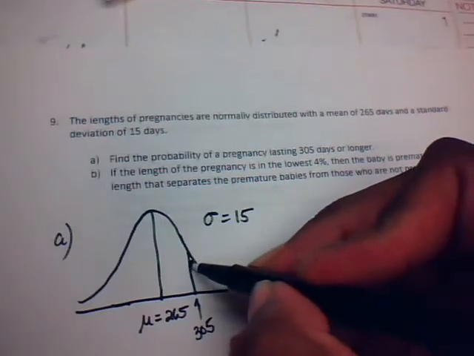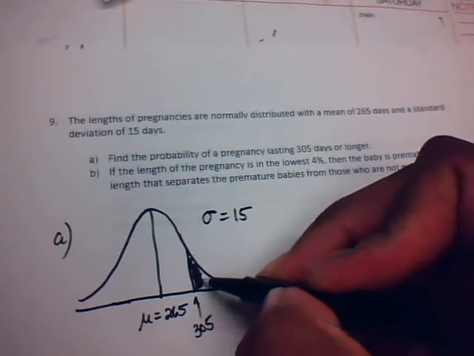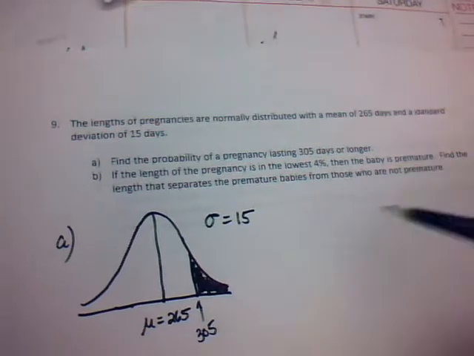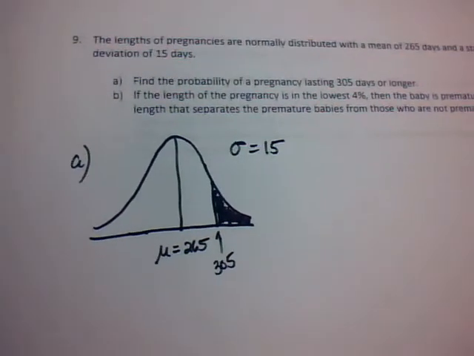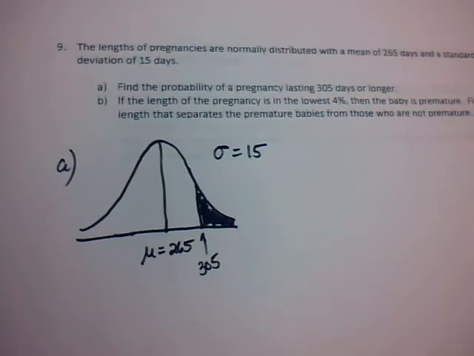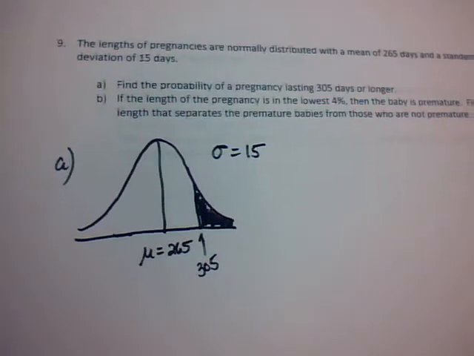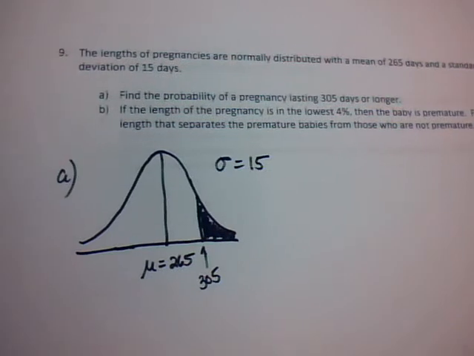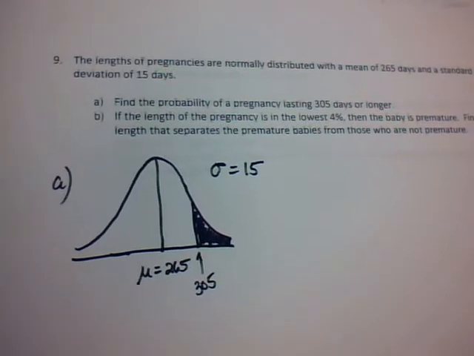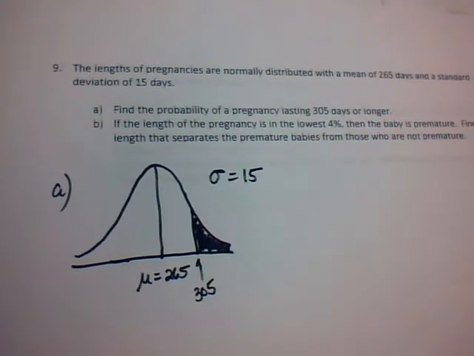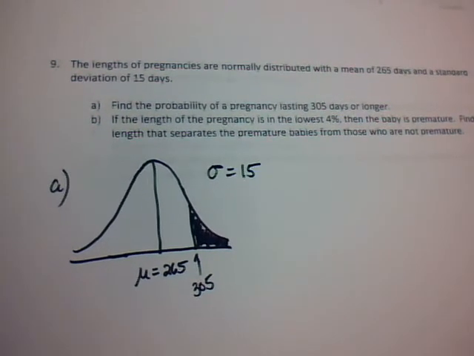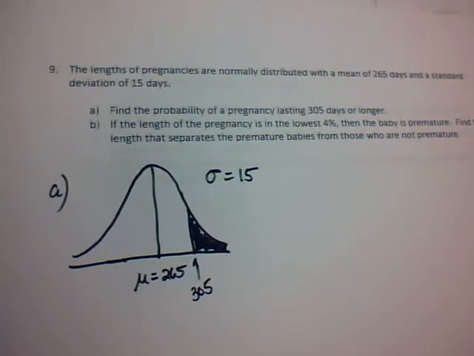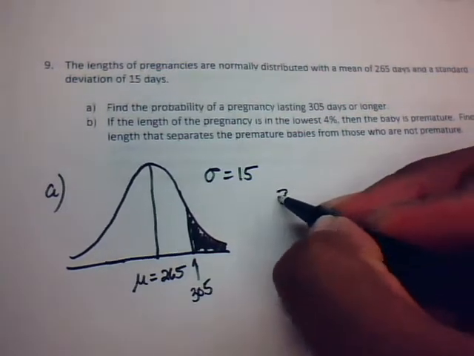So the area to the right is what we're concerned with. Okay, now we first have to convert this into a standardized z-score, because it's not 0 and 1 for the mean and the standard deviation respectively.